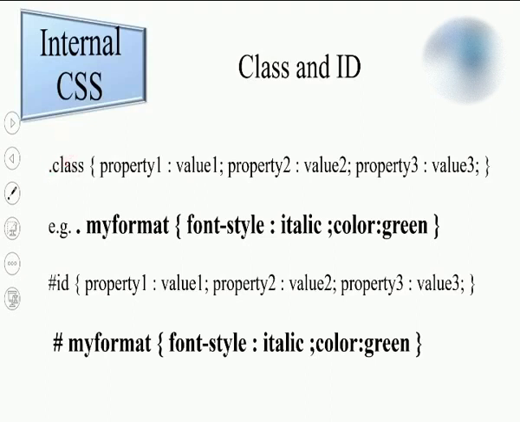This is a class name, followed by, as you know, the CSS declaration, which has a curly bracket starting and a curly bracket ending, and this is what we call a selector. So for specifying this class, I wrote dot, followed by the property colon value. This is a simple syntax.